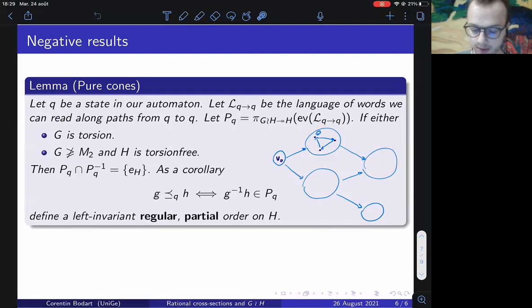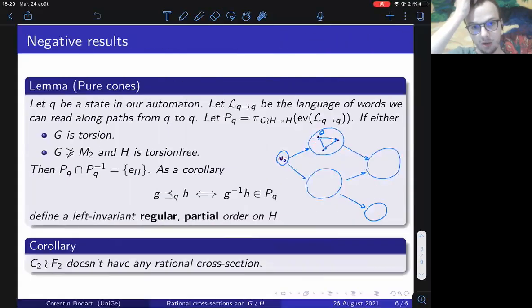And the content of this lemma is that as long as you stay in some strongly connected component, you will move along some chain for some prescribed order on H. So the lamplighter guy moves like that. As a corollary, we have that the lamplighter group on the free group doesn't have any rational cross-section.